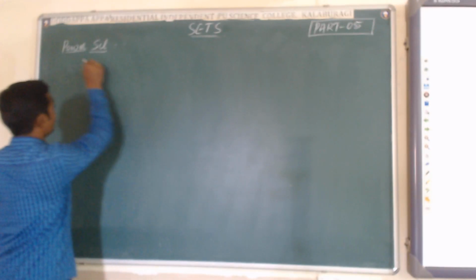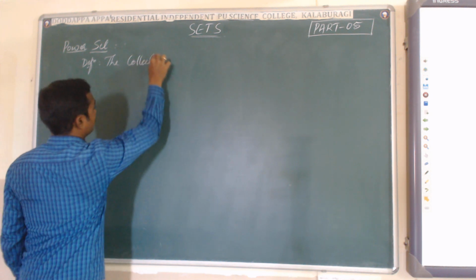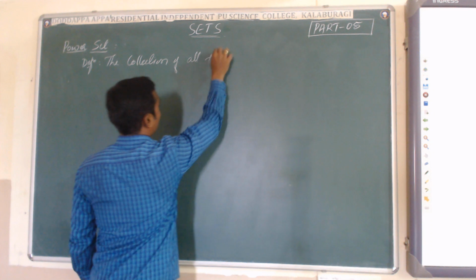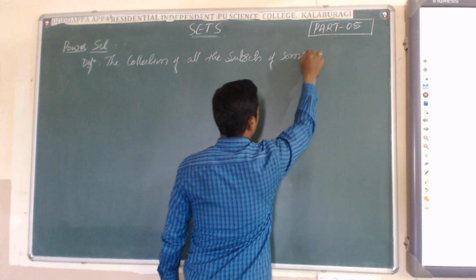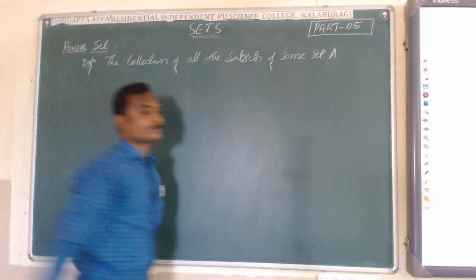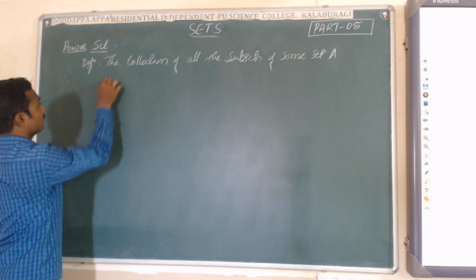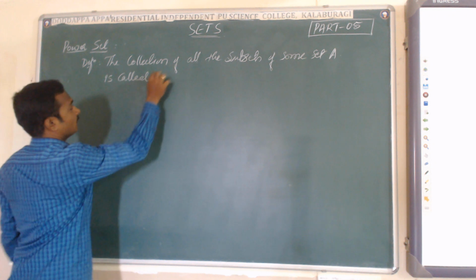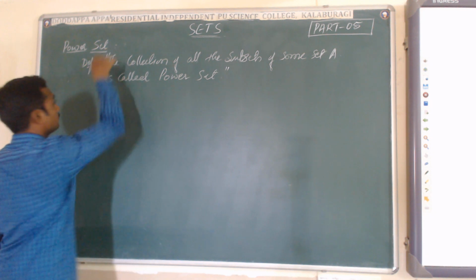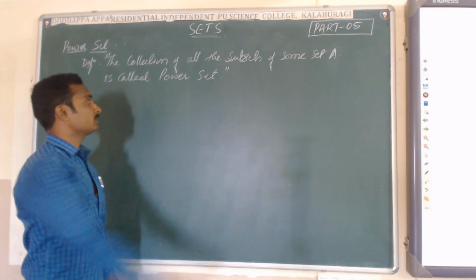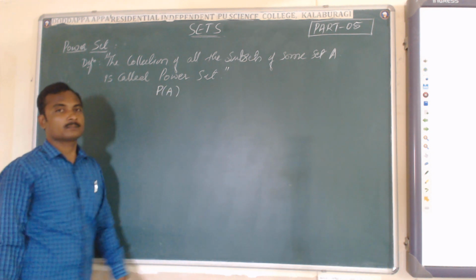The definition of the power set is the collection of all the subsets of some set A, and the power set is denoted by P of A.